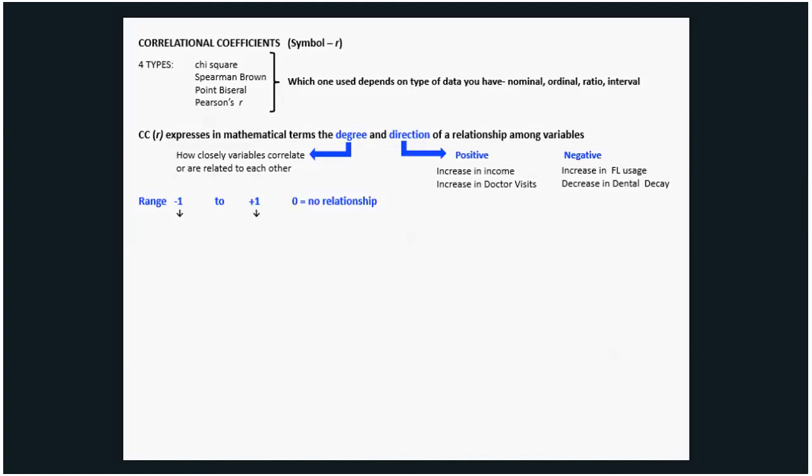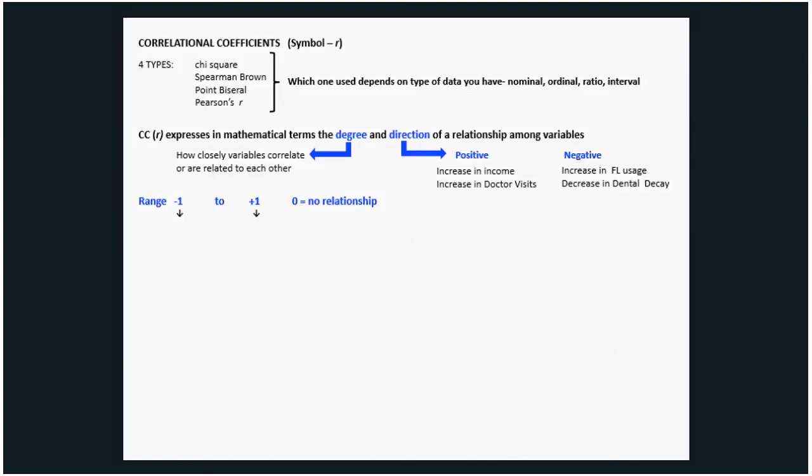An example would be a correlation between income and preventive health care. You can look at this and say, or you see from research, that as your income increases, your utilization of preventative health care increases also. So you increase 10,000 in your salary, your doctor visits per year go up by 2.